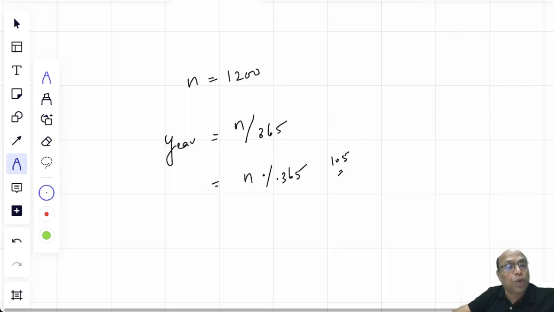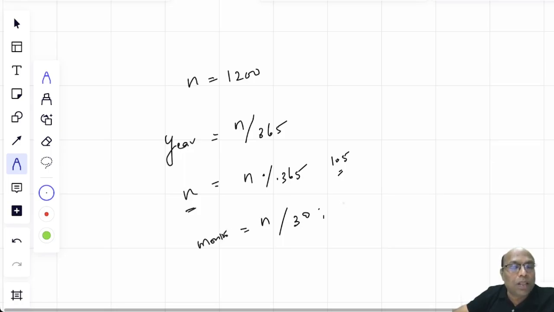You can store it in n again. You don't need to make another variable, because I don't need this value anymore. This n is right now 105. Remember, it is not 1200, that is gone. Now I put n divided by 30. That will become my month.